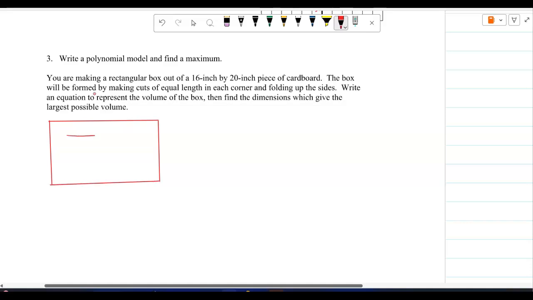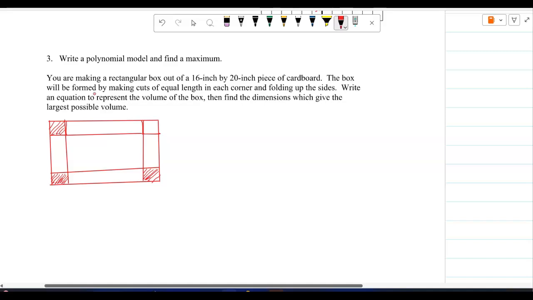So what you are doing is cutting off the corners. These corners will be cut off. This corner is cut off, this corner is cut off.